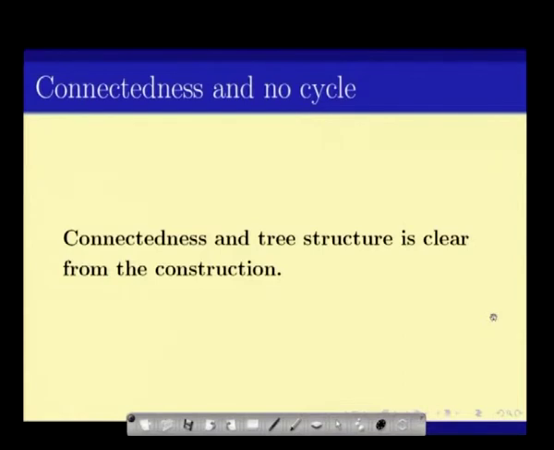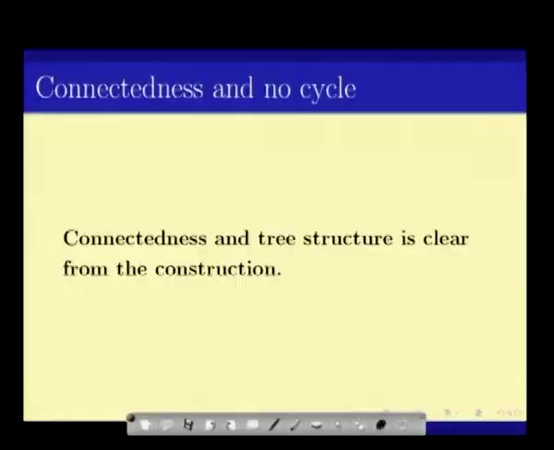Connectedness and cycles are slightly easy to handle in this setting. Note that we keep doing it till all the vertices are colored red, and whatever edges we choose are edges going out of the set U, the set of red colored vertices. So, at any point of time, the set of selected edges forms a connected graph.